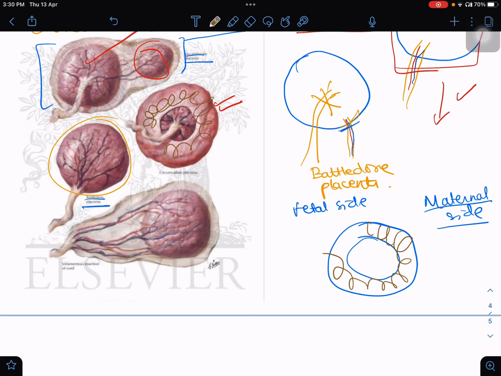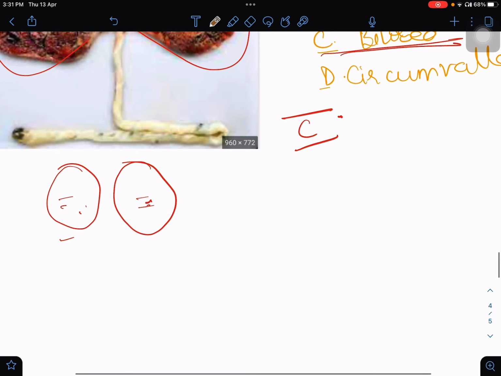This is called a circumvallate placenta, where the chorionic plate on the fetal side is smaller than the basal plate on the maternal side. The amnion and chorion are folded and rolled back to form a ring, leaving a rim of uncovered placenta behind. I hope you're getting it. So this is the circumvallate placenta, and obviously this is not that.